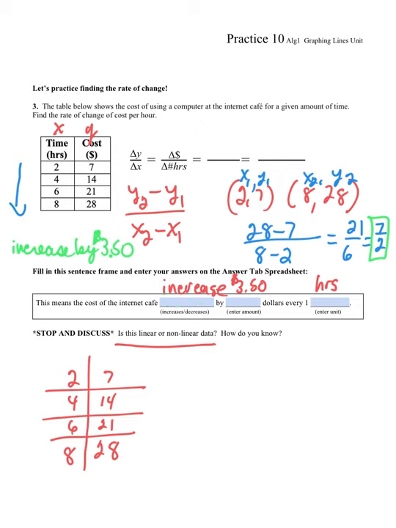And if we examine the x and the y's on this table, you'll see that this increases by 2, giving you a constant rate. And this one increases by 7, giving you a constant rate. So because there's a constant increase on each side, then yes, this data is linear.